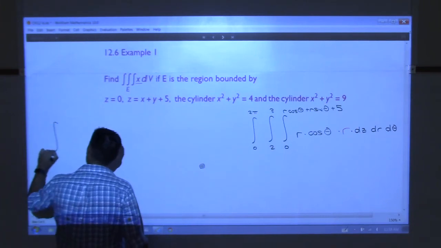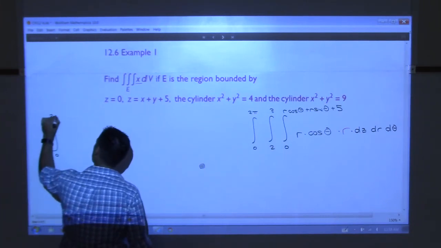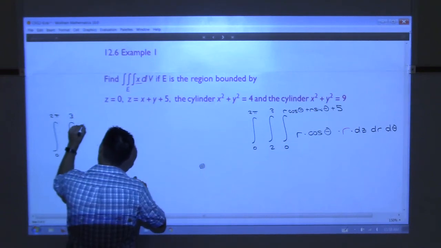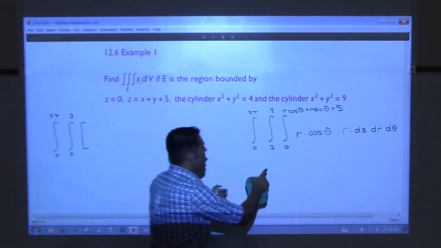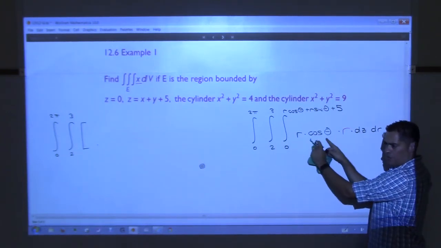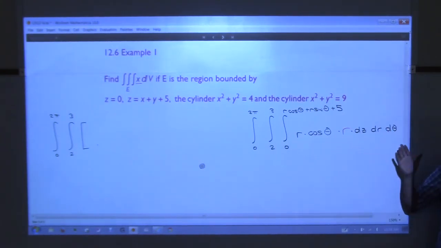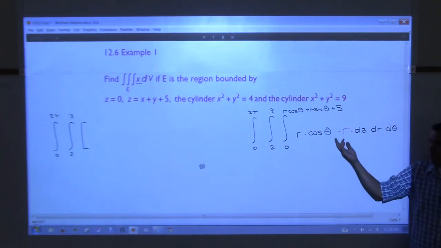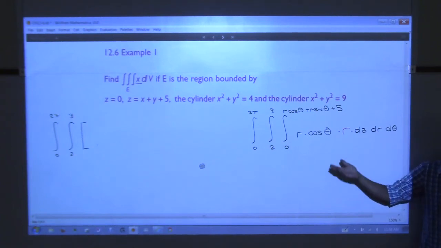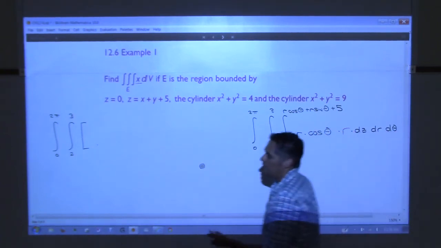Let me do that first integration. 0 to 2 pi, 2 to 3. And when I integrate this the first time through, this is r squared cosine theta, right? I'm integrating that with respect to z. So the antiderivative of r squared cosine theta with respect to z is r squared cosine theta z, because that's like a constant.